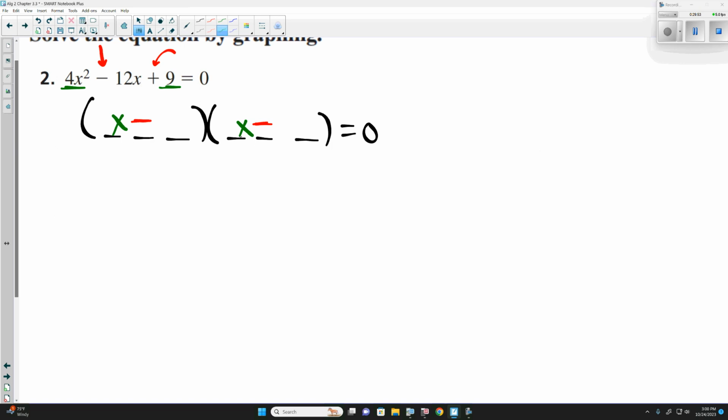With our 4x squared, our factors of x would be x and x. Factors of 4 are 1 and 4, or which one do we want to try? Factors of 9: 1 and 9, or 3 and 3.